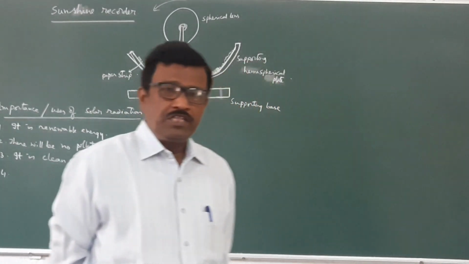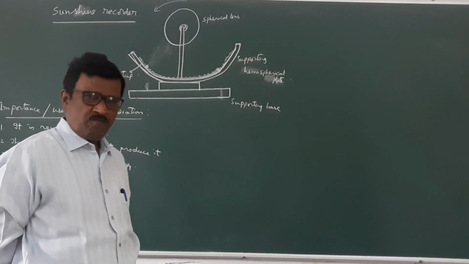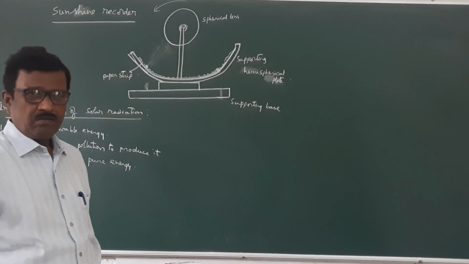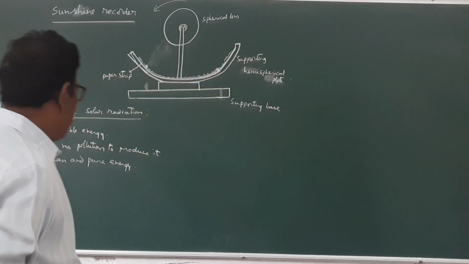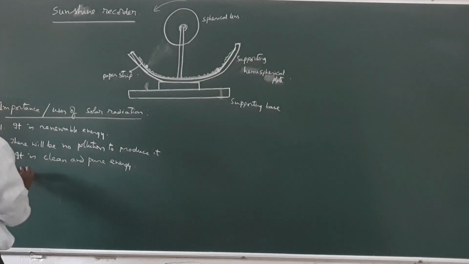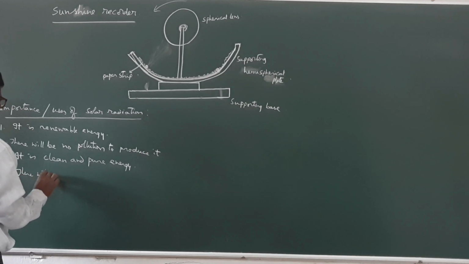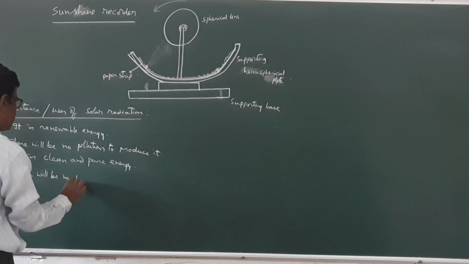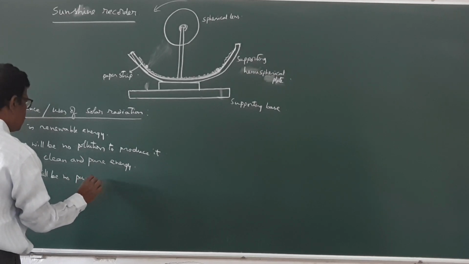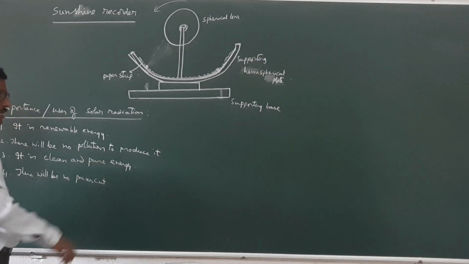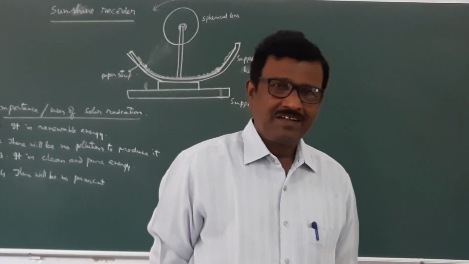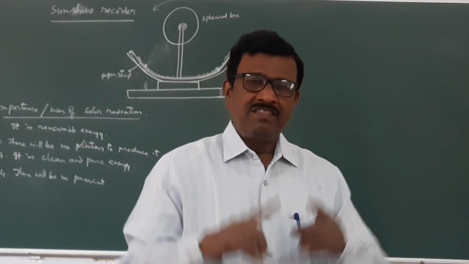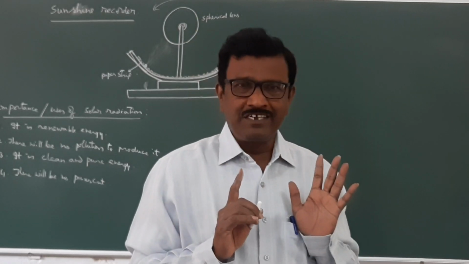Another one is there will be no power fluctuations. Power fluctuations are power cuts. Therefore, there will be no power cuts. If you have sun, then you will be receiving solar energy.